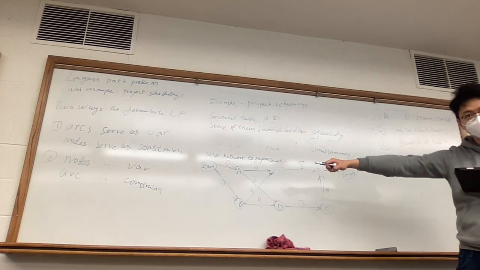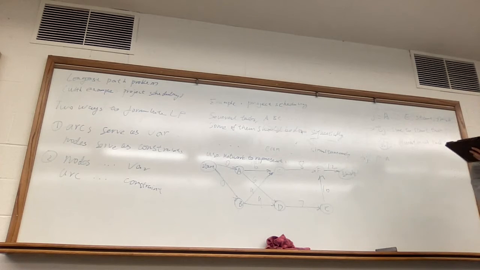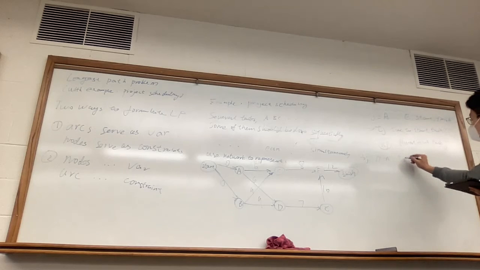So what are we minimizing? The duration. What is the duration? Use the variables to tell me. We can use the finish time minus the start time. Yes, correct. So it means T finish minus T start.